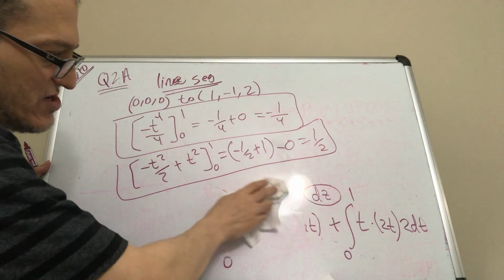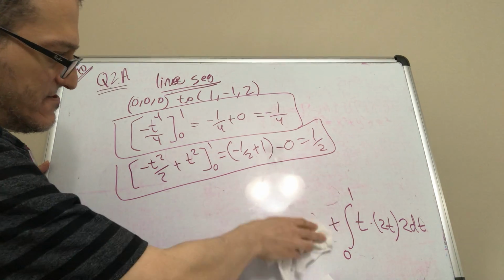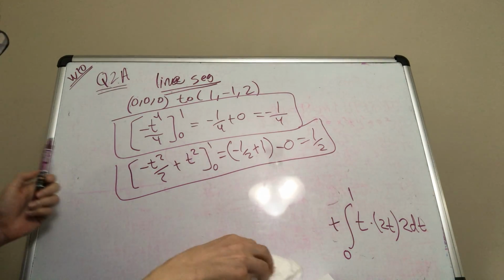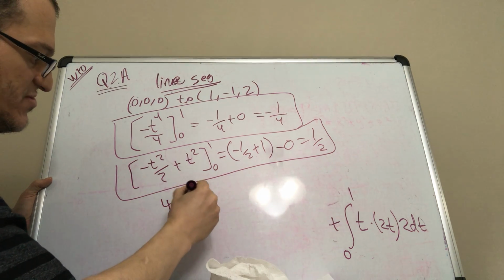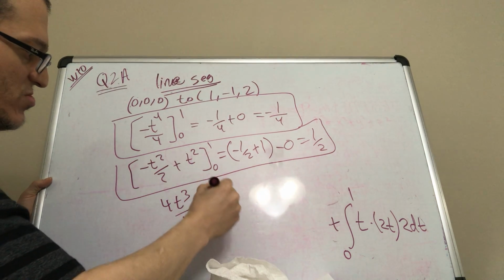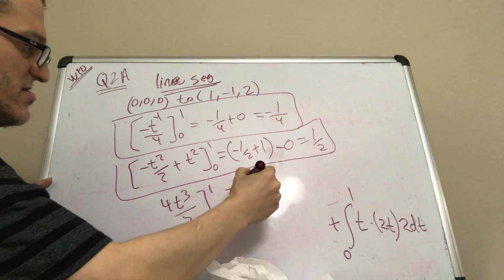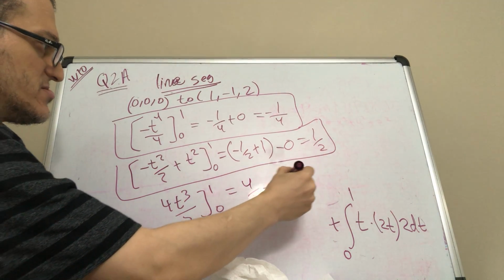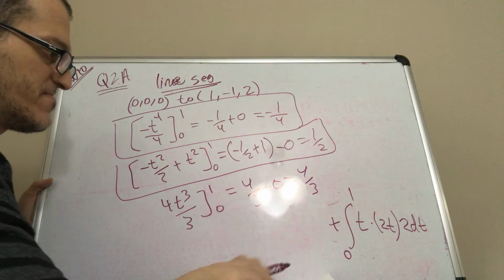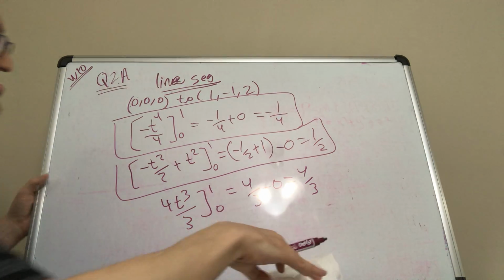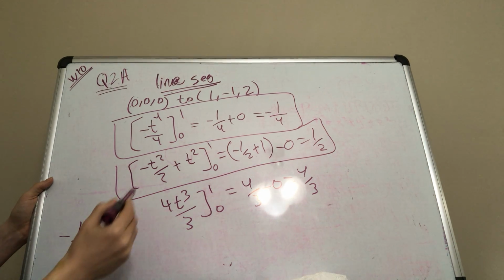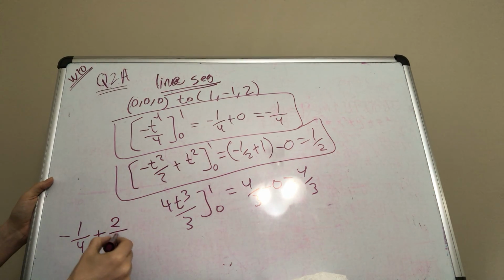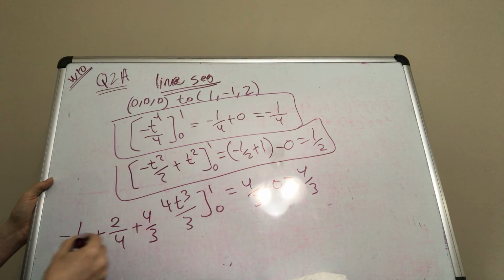And for the last one, you're integrating 4t, which would be 4t squared over 2... the integral would be 4t cubed over 3, from 1 to 0. Plug in the 1, 4 over 3, plug in the 0, 0. So 4 over 3. So the final answer is minus 1/4 plus half, which is 2 over 4, plus 4 over 3.